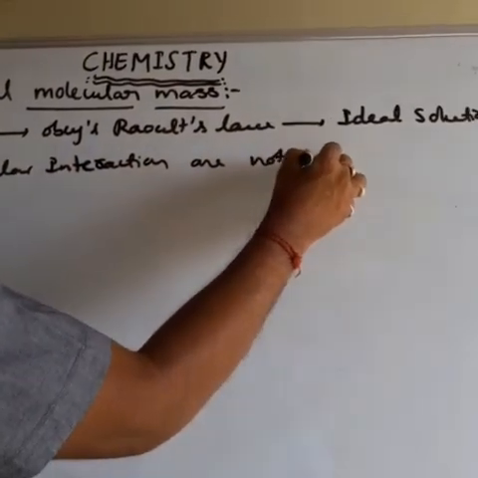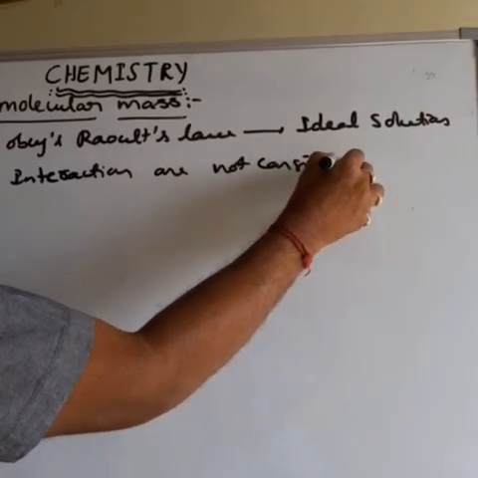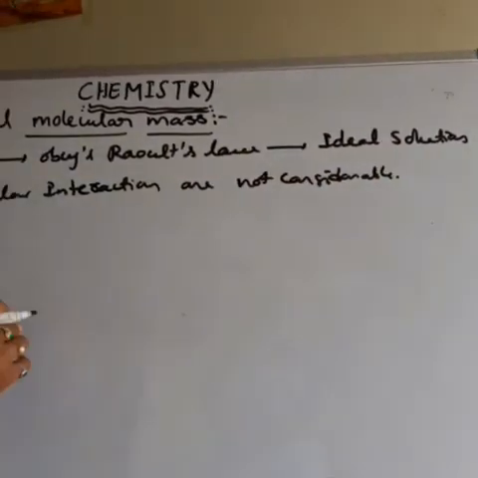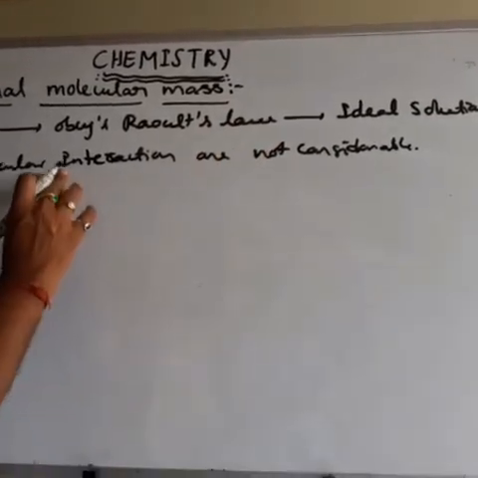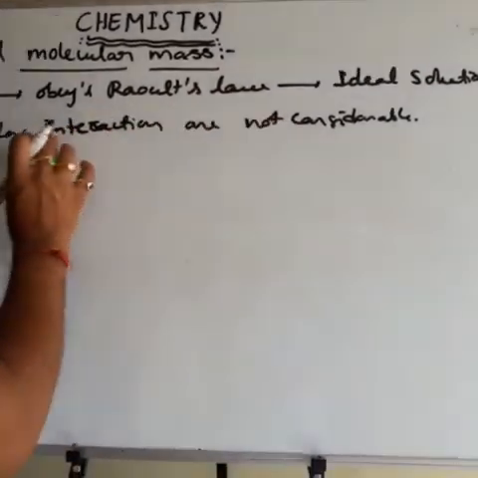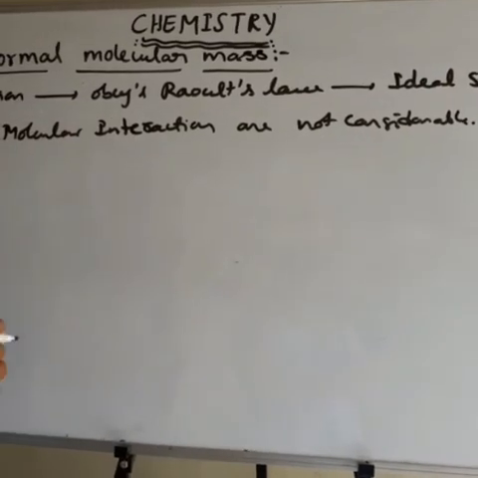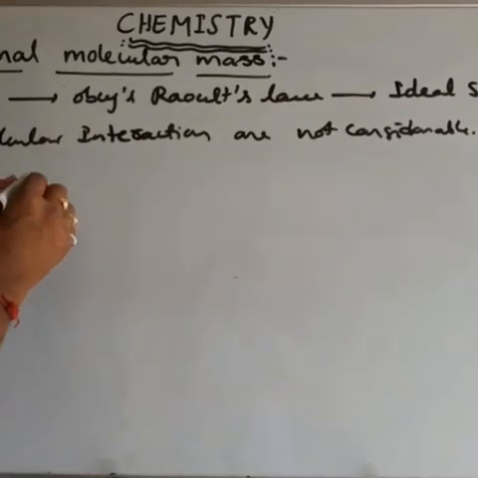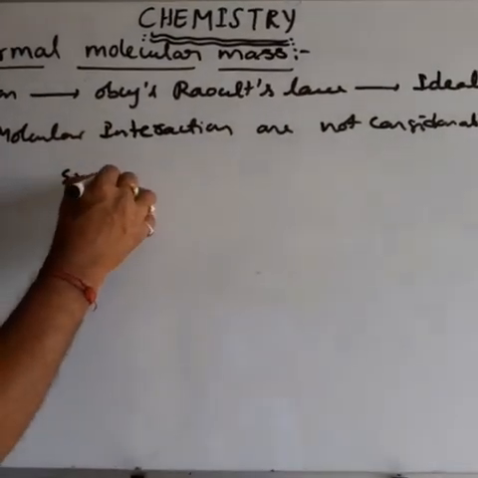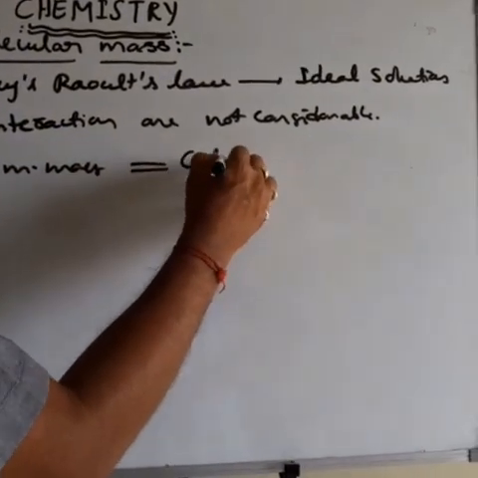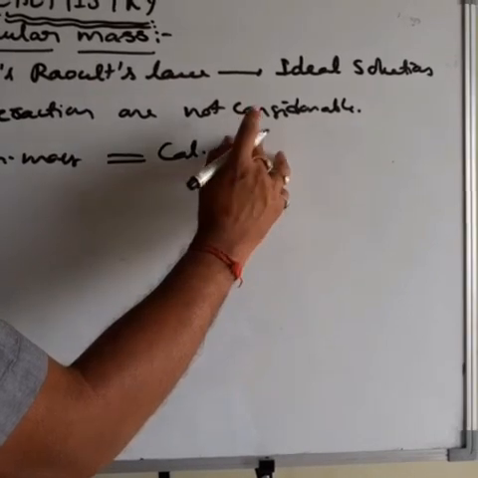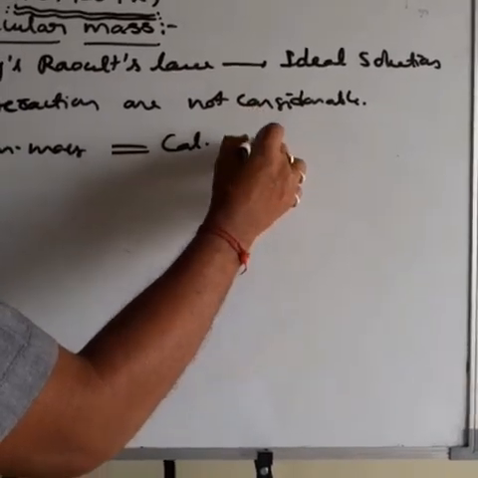Not considerable means molecular interactions are not there between the solute and solvent, so we are not able to consider molecular interaction between the particles. At that time, the experimental molecular mass is equal to the calculated molecular mass.